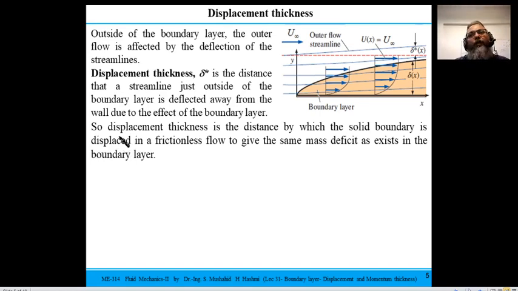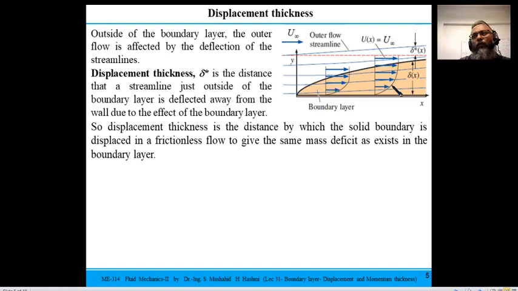From a definition point of view, the displacement thickness is the distance by which the solid boundary is displaced in a frictionless flow to give the same mass deficit as exists in the boundary layer. If there is no viscous effect, it would be inviscid flow.